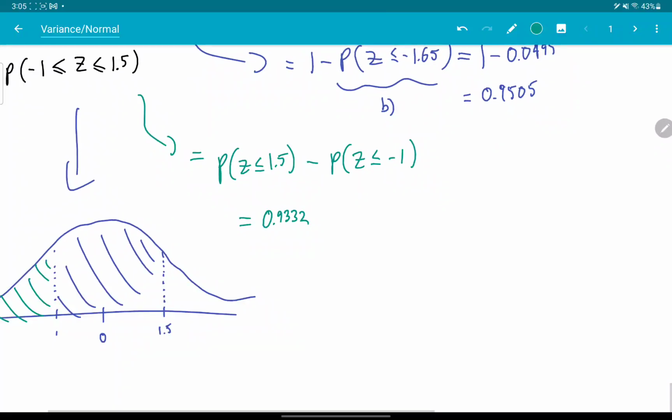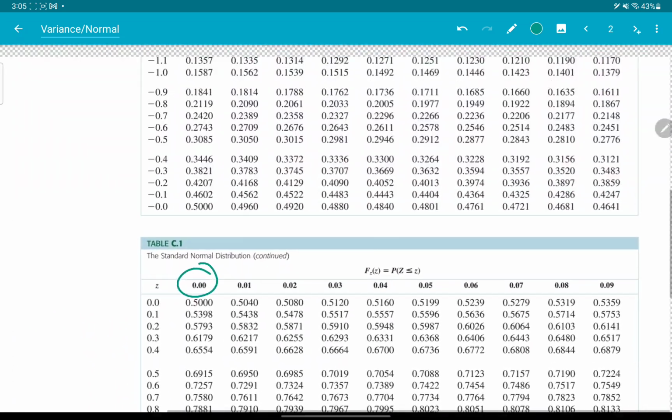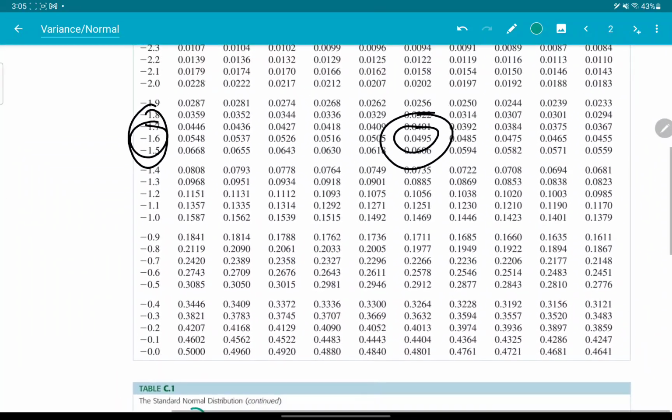And then I'm going to subtract this guy, which I will find. So I'm looking for negative 1 in the first column. Negative 1, here it is, right there, and it's negative 1 flat. So I got 0.1587.